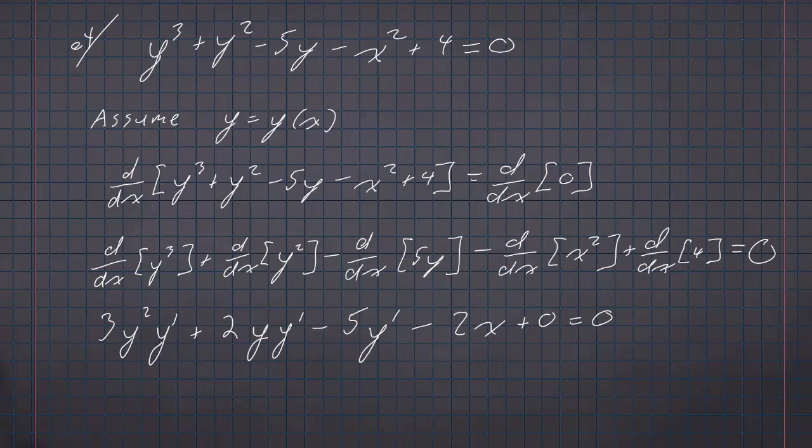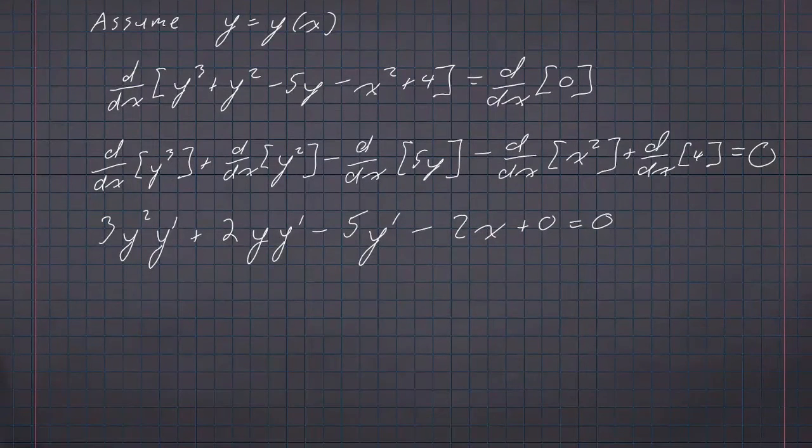In order to clean things up a little bit, we can notice that these three terms have a y prime in it. These are 0, they don't even matter at all. This one does not have a y prime in it, so let's move that over. And let's also factor out the y prime from the three terms that have it.